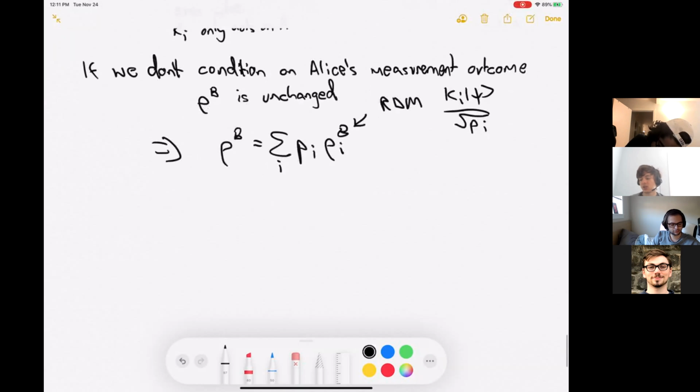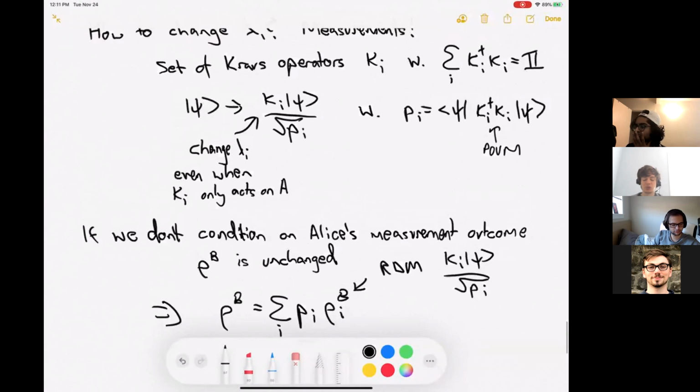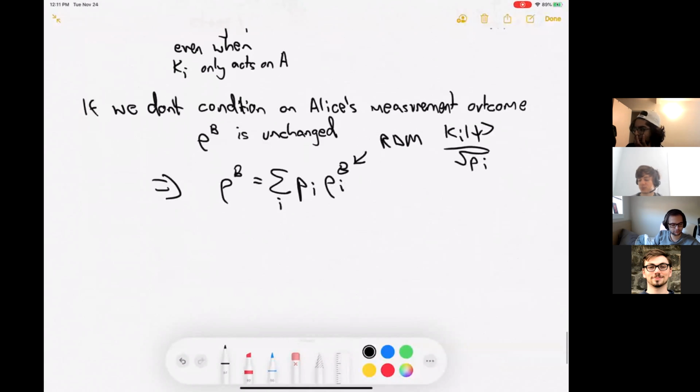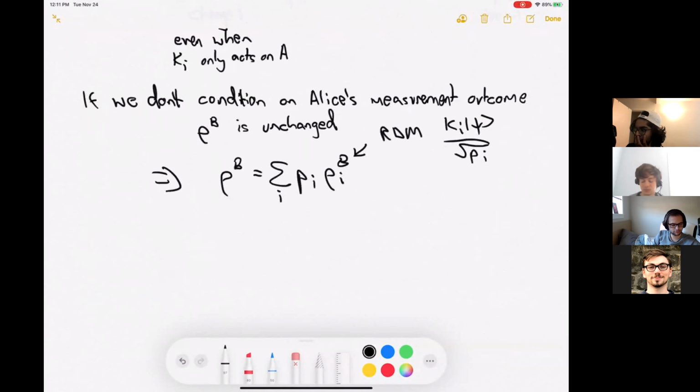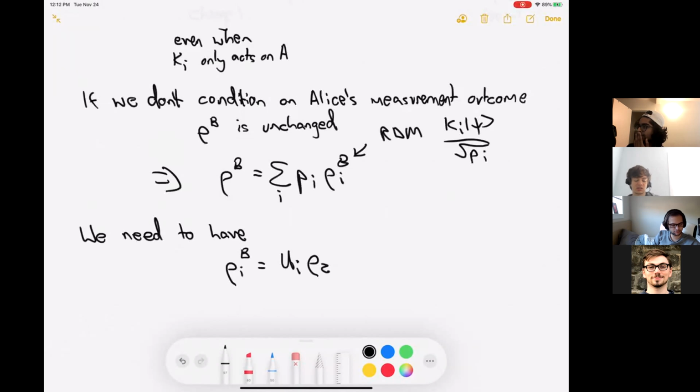Okay. So let's say we're just going to have Alice do one measurement, and then we're going to do local unitaries and stuff, and we're going to hope to eventually produce the state psi2, which we're trying to get to. Then we would need the rho i's of Bob's reduced density matrix to be equal to the target reduced density matrix conjugated by some local unitary.